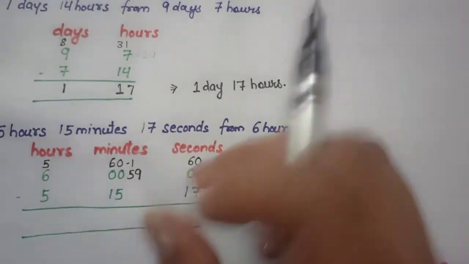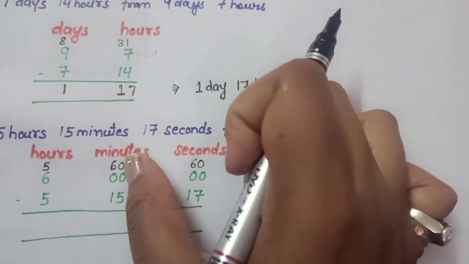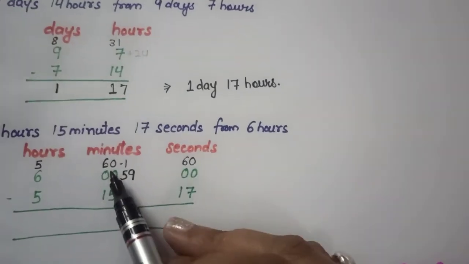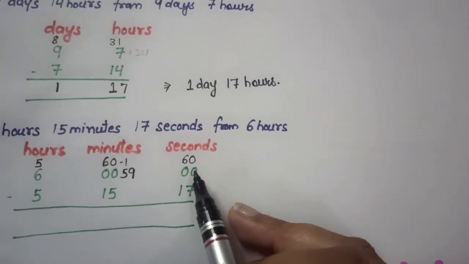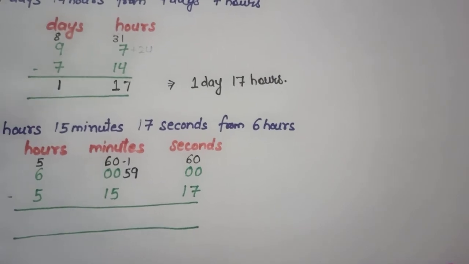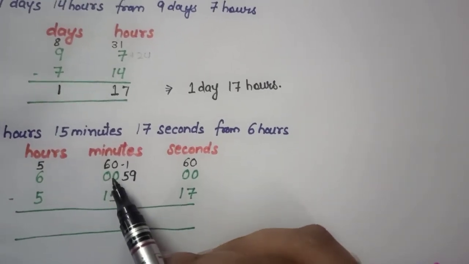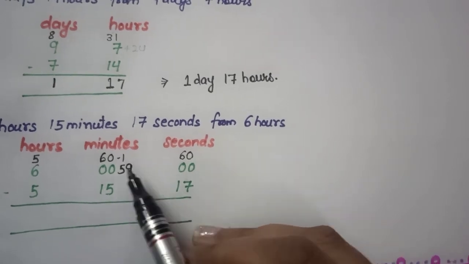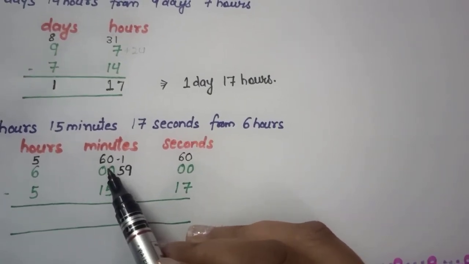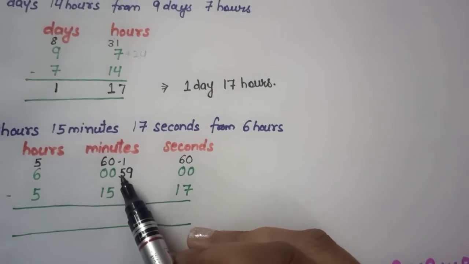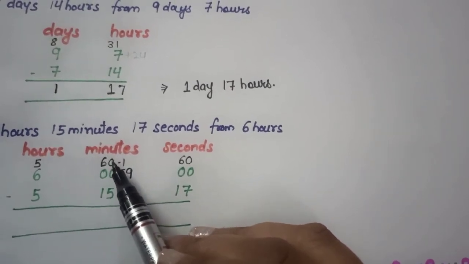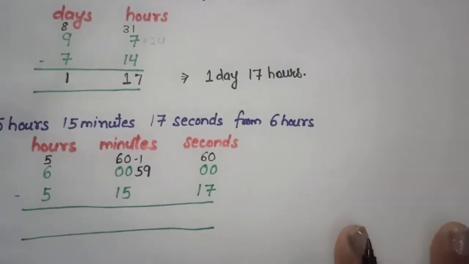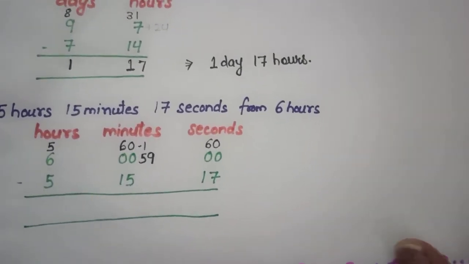Okay, it will get 60, but then this number also has to give a borrow to this one, right? So it will become 59, because it will give 1 to the seconds part. And as the minutes part has given 1 to seconds, the seconds part will get 60. Is it clear to you all?